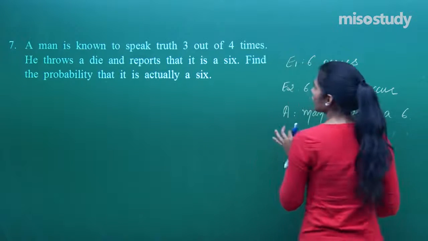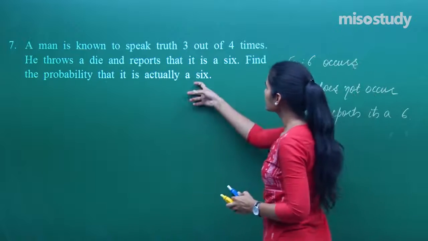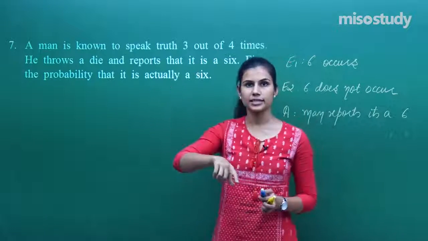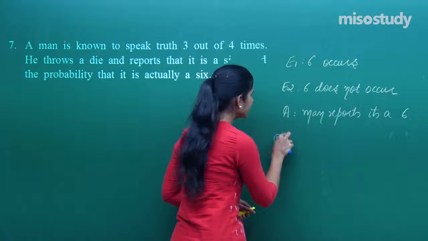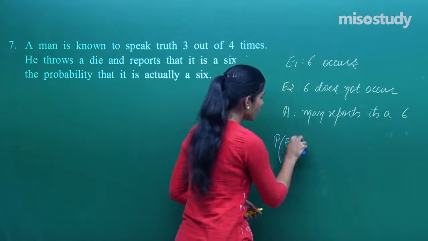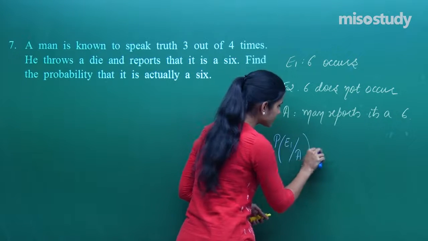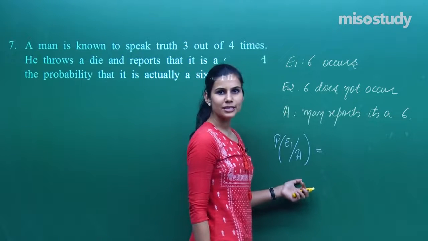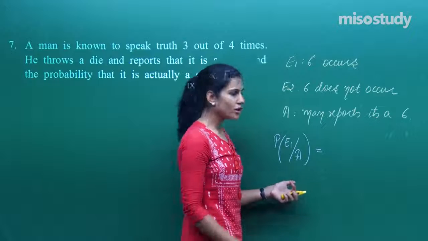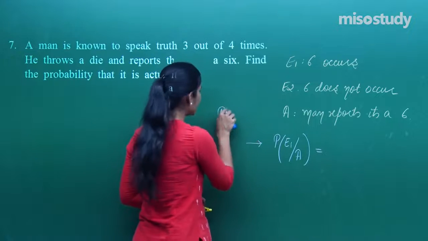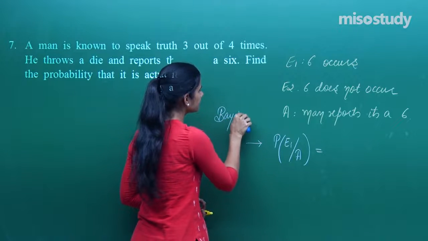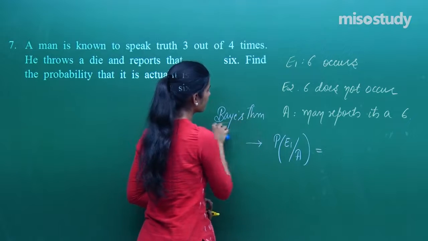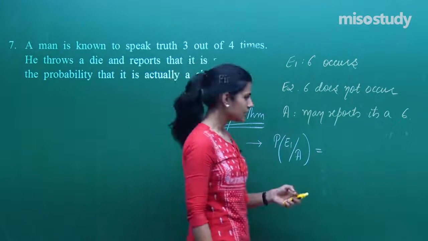I am interested in knowing, find the probability that it is a 6 when the man has reported that it is a 6. What is this? Can you recall something? A majorly important theorem to be acting in here, that is my Bayes theorem. Isn't it?